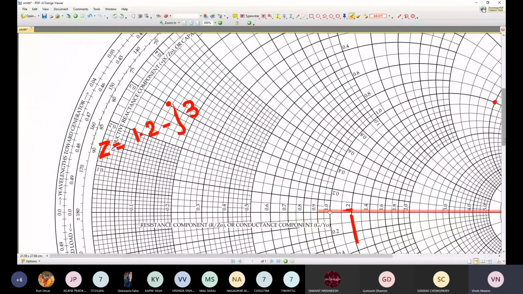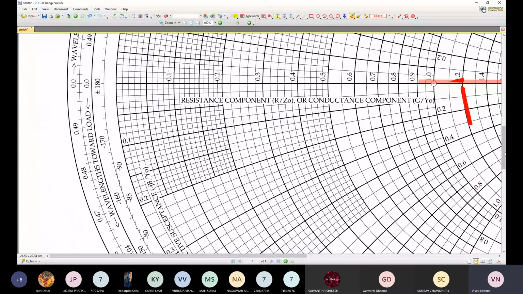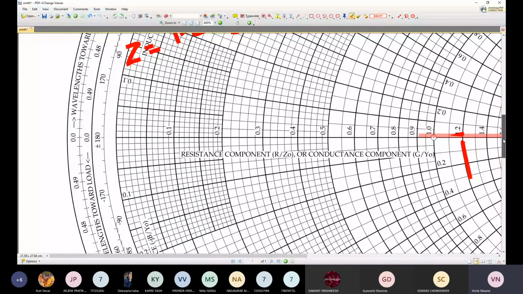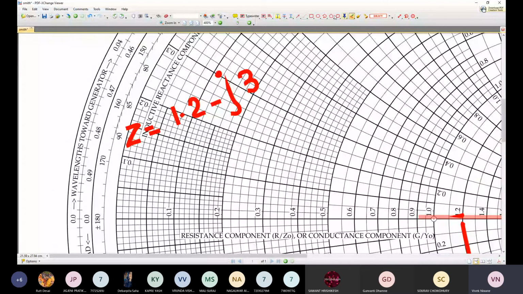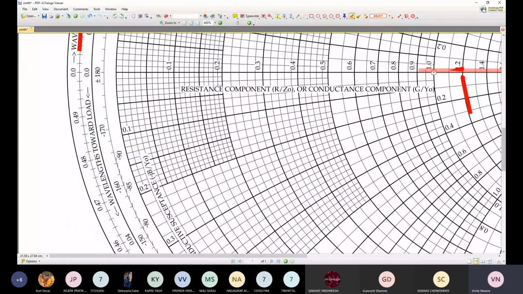Let me show you those important points only, कि कहाँ पे लिखे हैं, सिर्फ उतना ही दिखाने वाला हूँ. We will discuss them in the next session where we are going to solve the numerical. तो यहाँ पे आप पढ़ सकते हो, it is written that wavelengths towards the generator. अगर जनरेटर की तरफ जा रहे हो तो उस डायरेक्शन में मूव होना है.